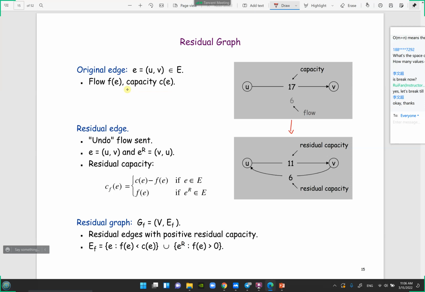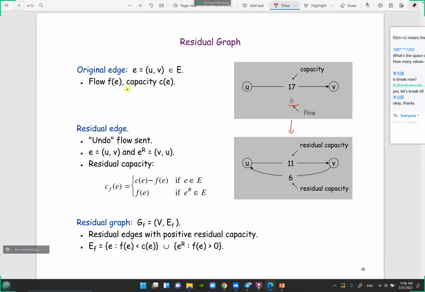So the residual graph, for each edge, you can make it into 2 edges. If you have a positive flow on the edge currently, so you have a flow of 6, then you're going to create 2 edges for the current edge. One in the forward direction and one in the reverse direction.